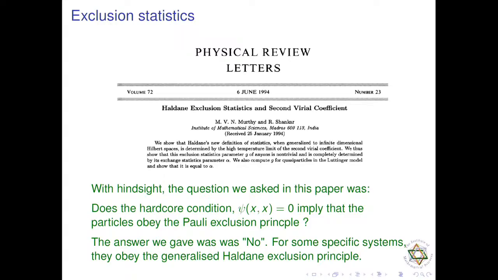Does it necessarily mean that they satisfy the Pauli exclusion principle? Naively it would seem so, because if two particles cannot sit at the same point, then they cannot sit in the same state. But surprisingly it is not true, and what they show is that for an anyon gas, it actually obeys fractional statistics.